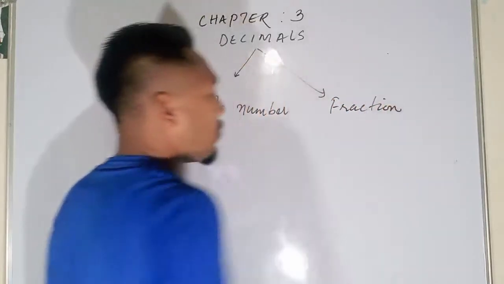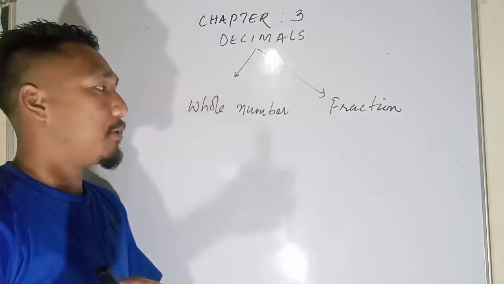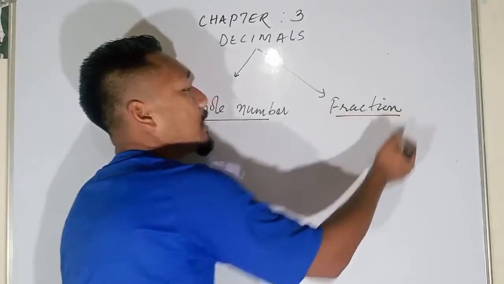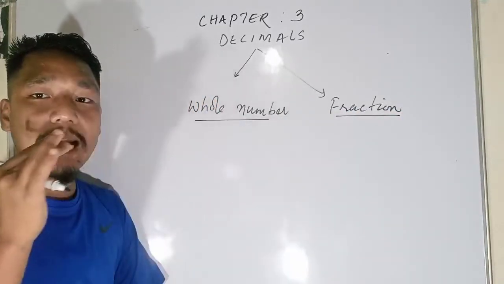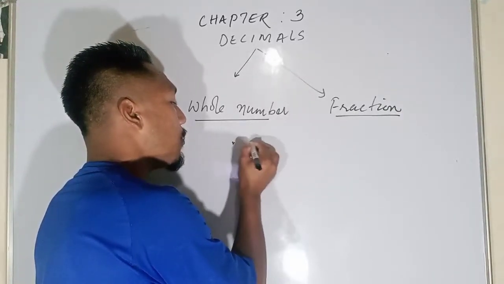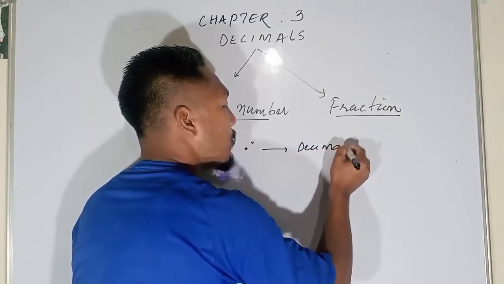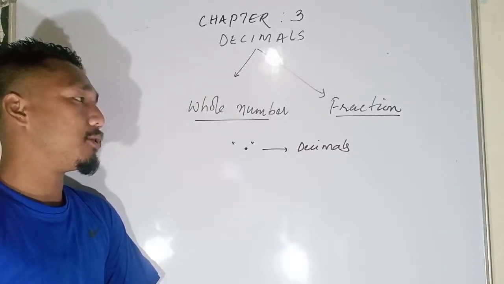In a single number we get a whole number part, and another we get a fraction part. These whole number and fraction parts are separated by a small point, and that point is what we call a decimal point.